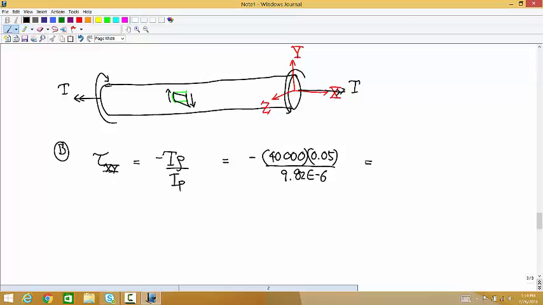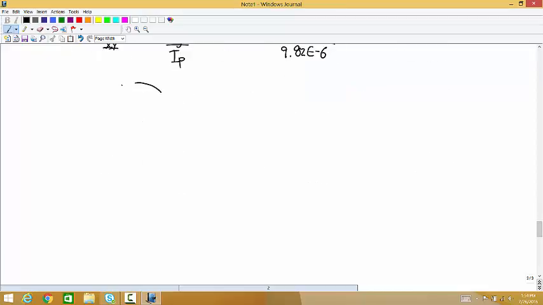You get the same value you did before, negative 2.04 times 10 to the 8th. Is that supposed to be for XZ, or is it still XY? It's still XY in the capital coordinate system, because we're looking at this point B.